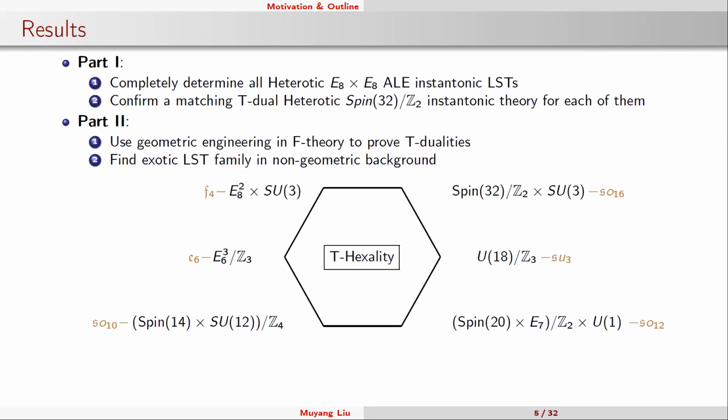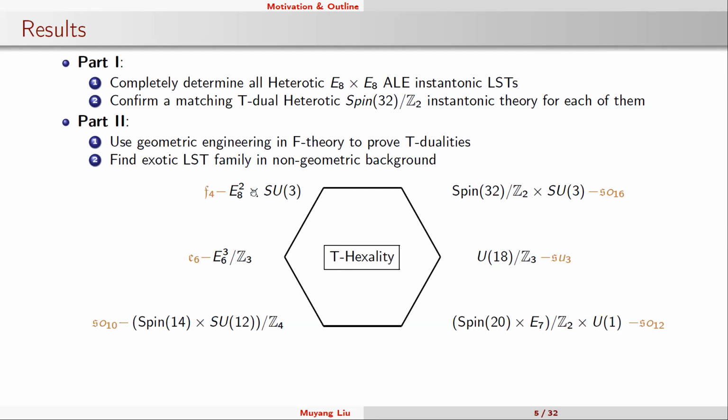So here is a quick review of the results. I put one of the most attractive novel Lagrangian theory families we found in the non-geometric background. I will tell you details about how we render such exotic Lagrangian theory families at the end of the talk.